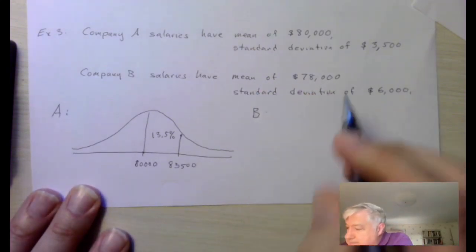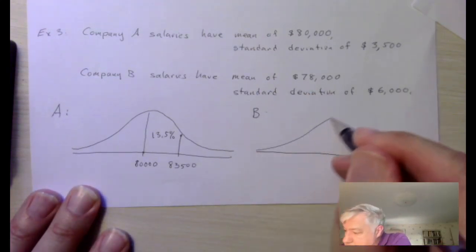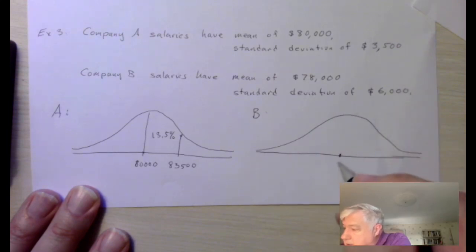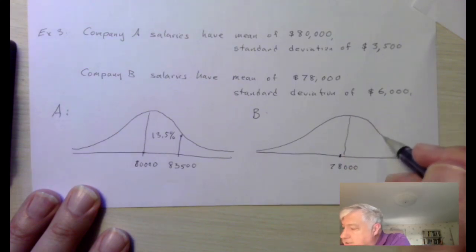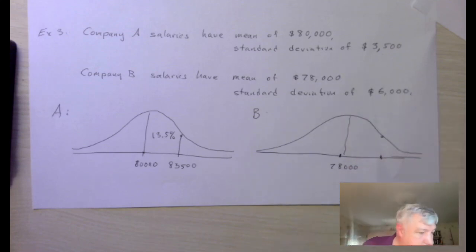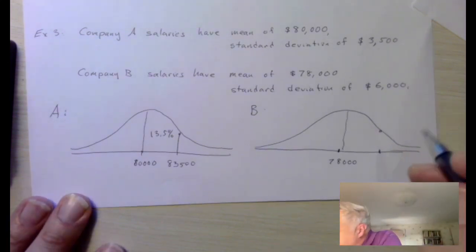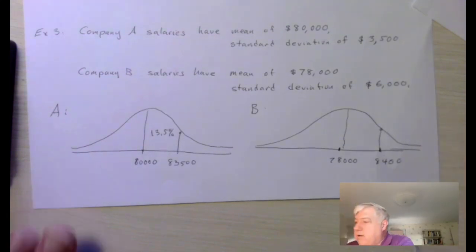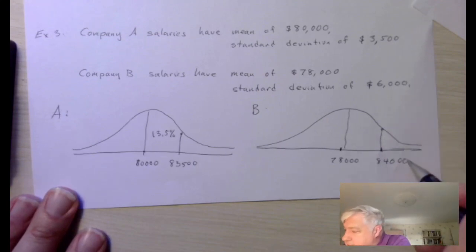For Company B, here is 78,000, and one standard deviation takes us all the way, when we add these two numbers together, to 84,000.